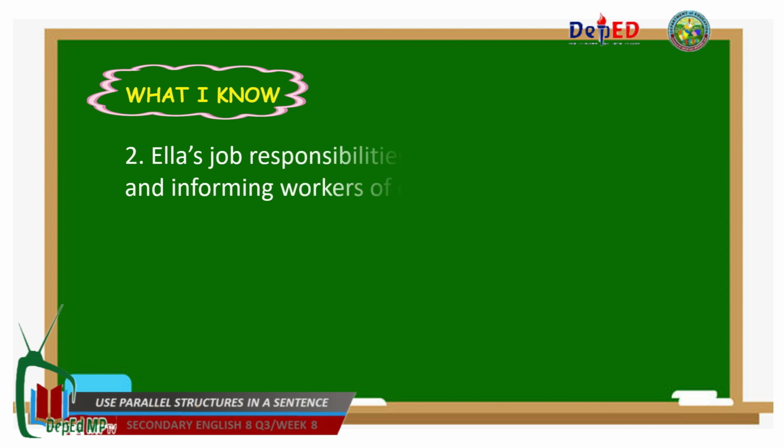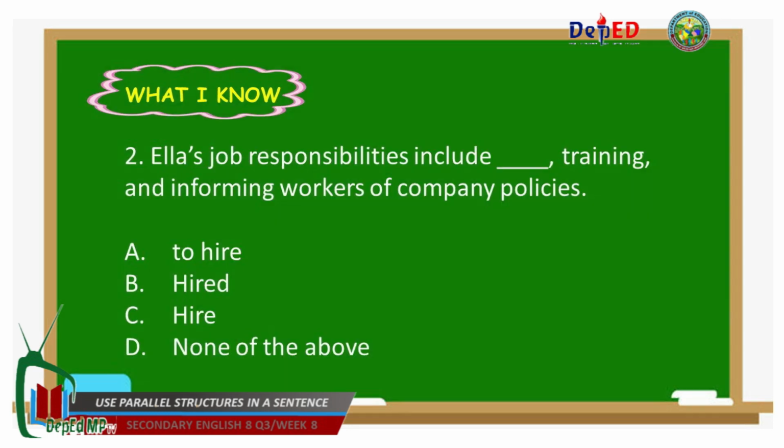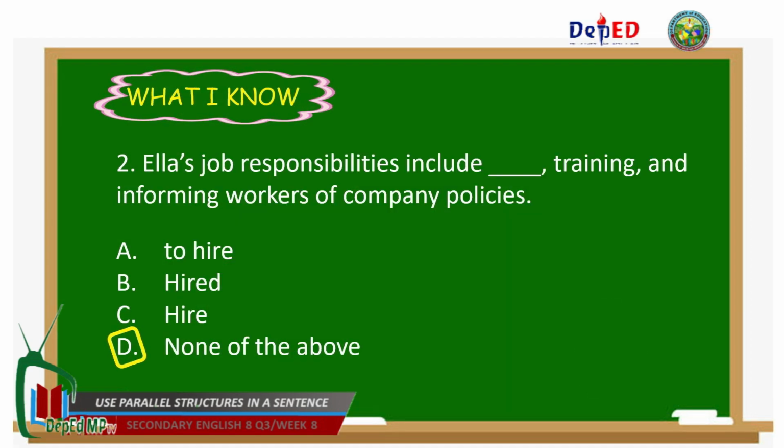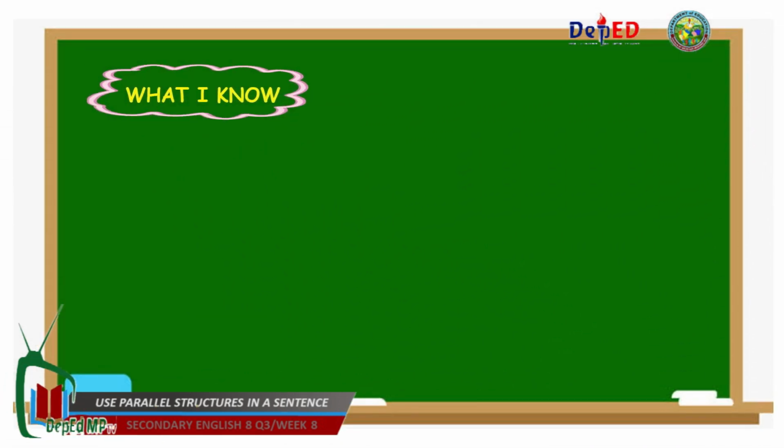2. Ella's job responsibilities include blank, training and informing workers of company policies. A. To hire, B. Hired, C. Hire, D. None of the above. The answer is D. None of the above. 3.